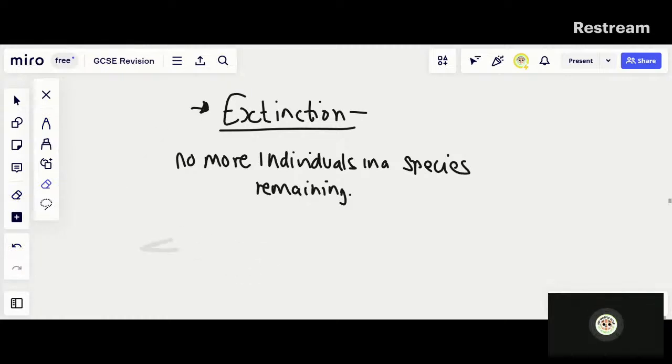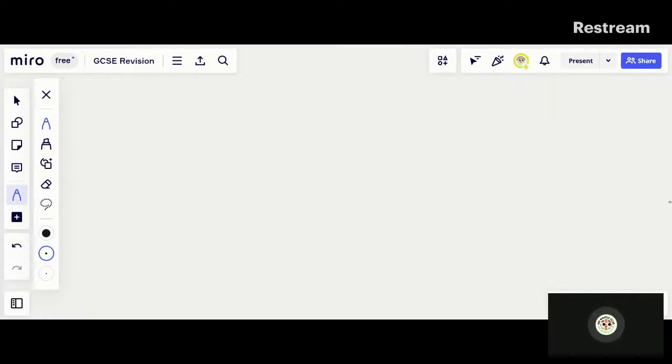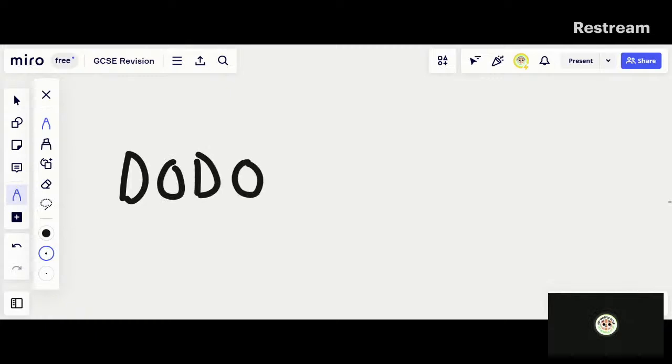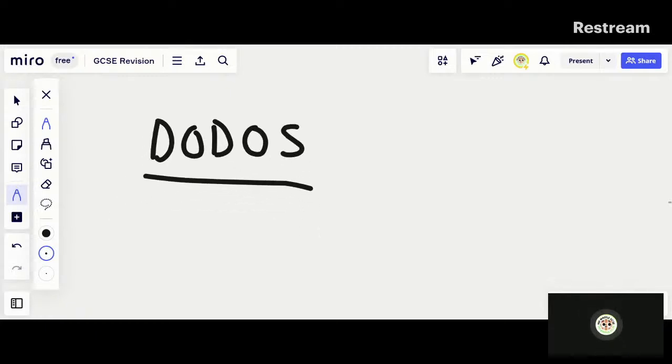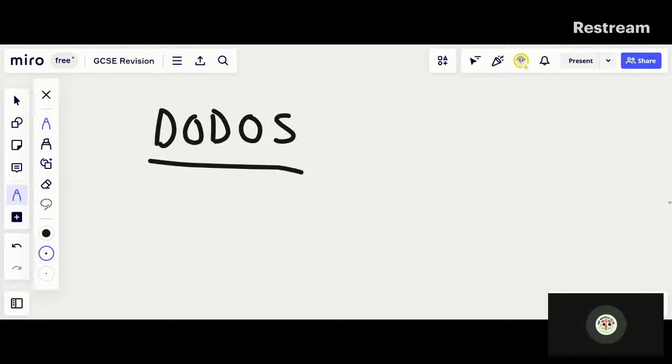You shouldn't be too unfamiliar with it, because just think of the dinosaurs. How did the dinosaurs go extinct? We got a catastrophic event. There were also environmental changes. Now we can look specifically at the dodos. The dodos are an example of a species that went extinct, and there are a couple of reasons why.